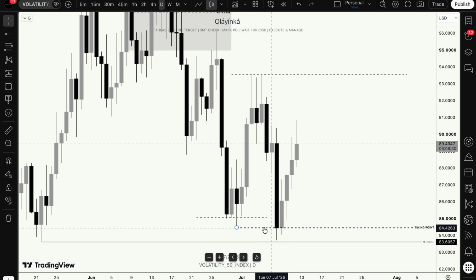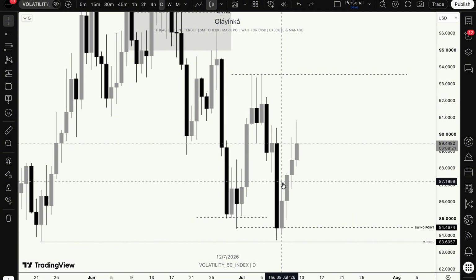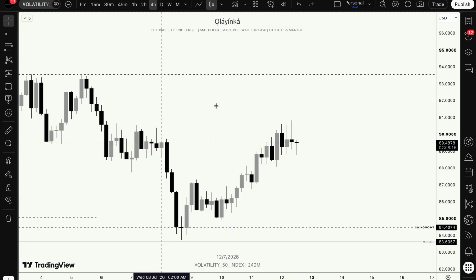So we have this, and as soon as I see that, okay, we saw this particular candle on Thursday, right? I went to the 4 hours to just confirm what is going on.